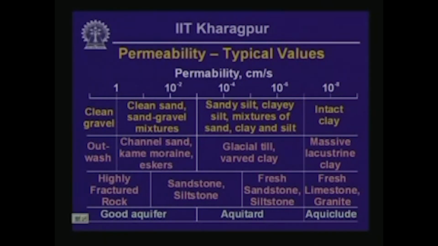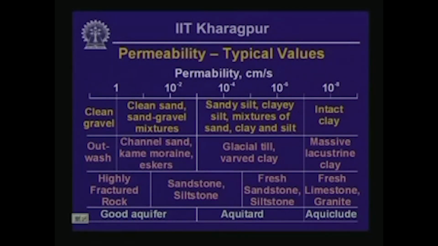So outwash deposits are towards the left end of this particular permeability scale. Then we might have channel sand, kame-moraine and eskers. Kame-moraine and eskers are two different types of glaciofluvial deposits, if you recall from our previous lessons.